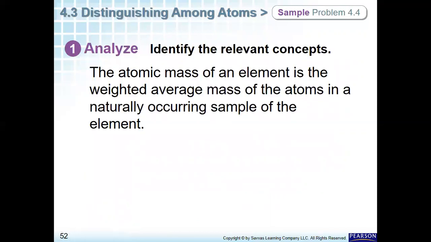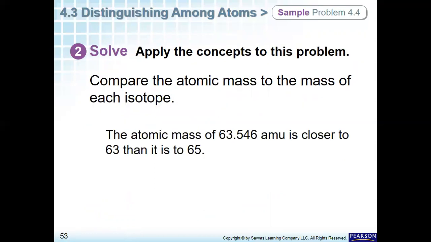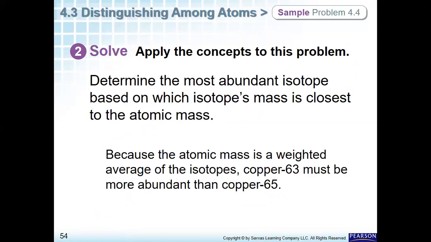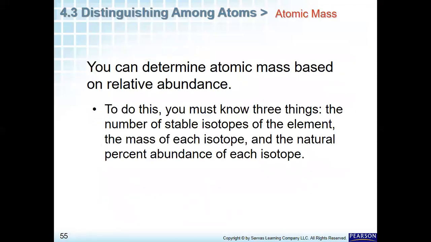As you can see here, guys, you can start to weigh the mass, or the average mass, for them in nature. So here you will see that copper 63 is going to be more abundant by determining the abundance of both. Exactly, that's the relative abundance.